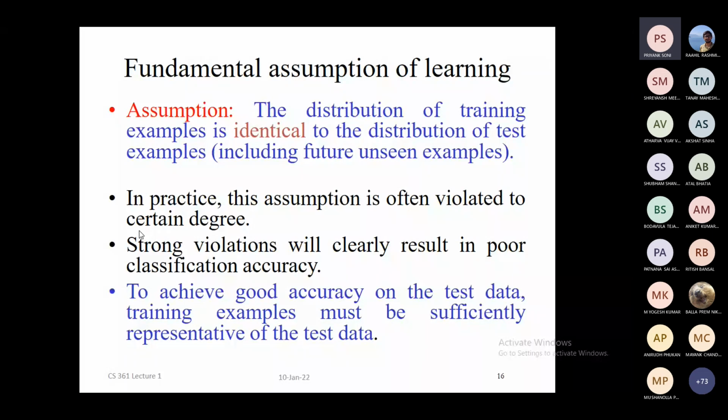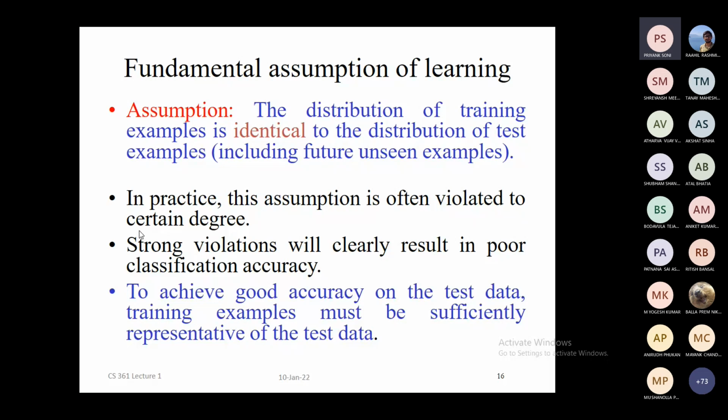In practice, it is not always true. Sometimes we train on a particular data set and test on another data distribution. I'm not saying completely different, but to some extent different. Then you can see how your learning actually performs.